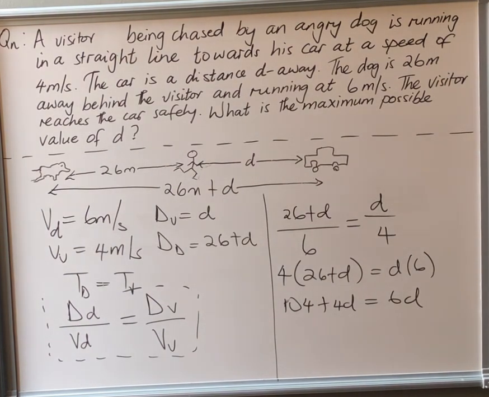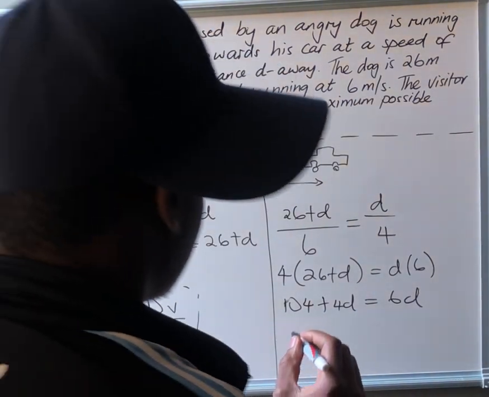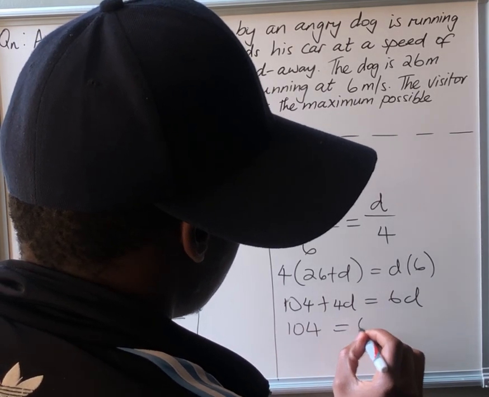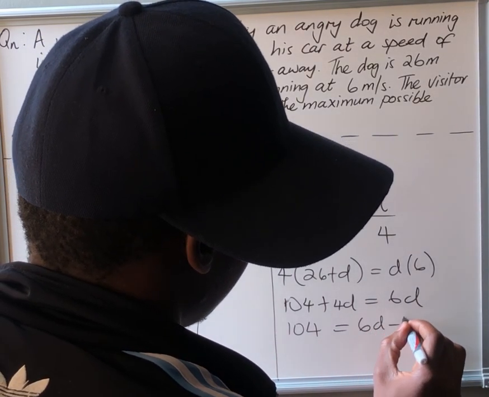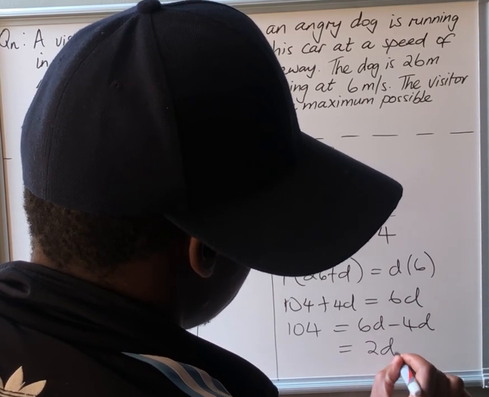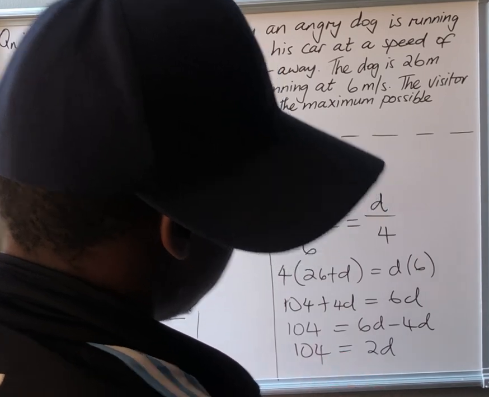If we collect the like terms, we have 104 equal to 6d minus 4d. This will give us 2d, then 104 on this side.